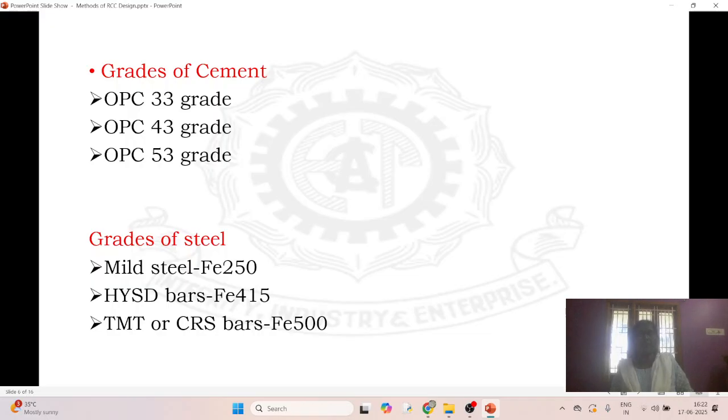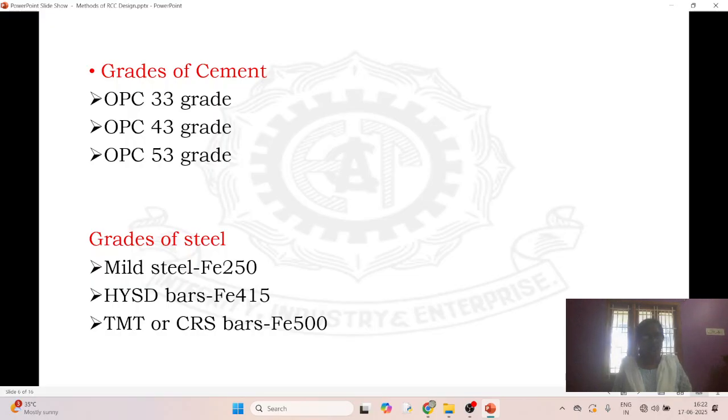The cube is made up of one part of cement and three parts of standard sand, that means Ennore sand is used as the sand, by weight. The grade number indicates the minimum compressive strength of cement sand mortar cubes in Newton per mm squared at 28 days.